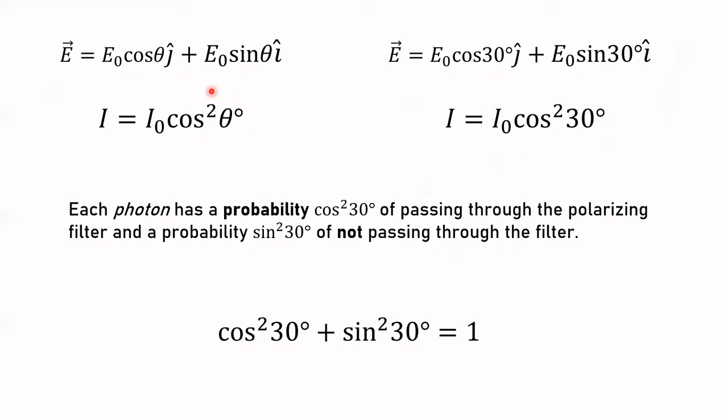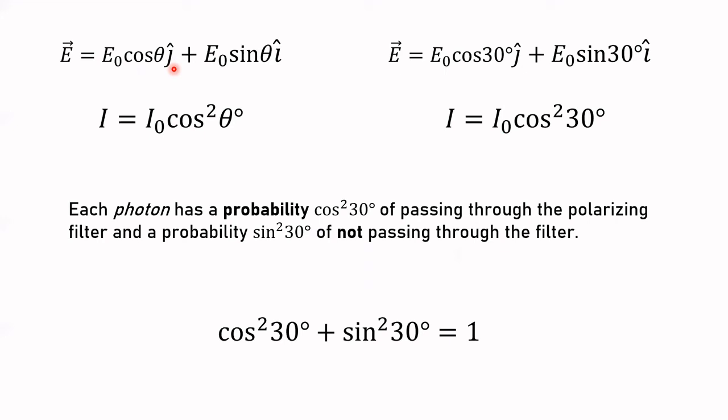So look at the connection here. The cosine of 30 came from the component of the electric field parallel to the polarizing axis. So you could even say the component along the state of being aligned with the polarizing axis.